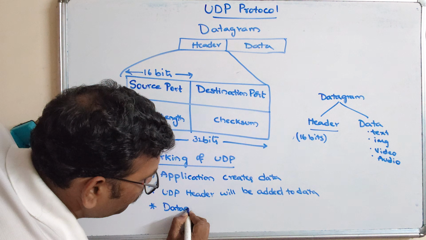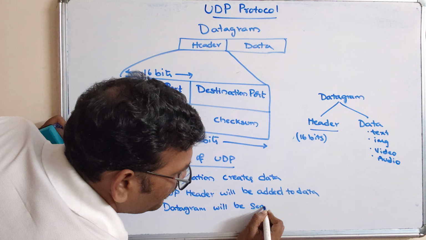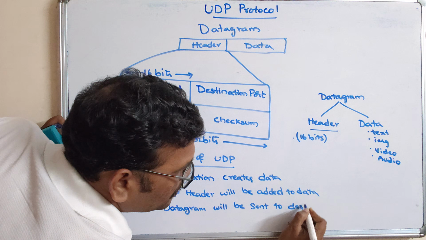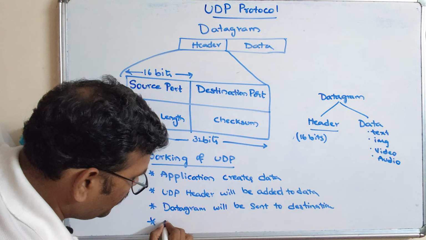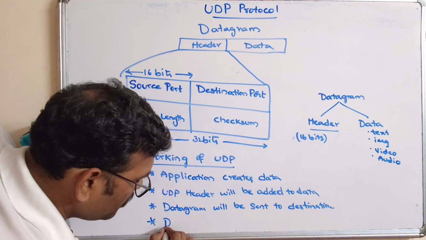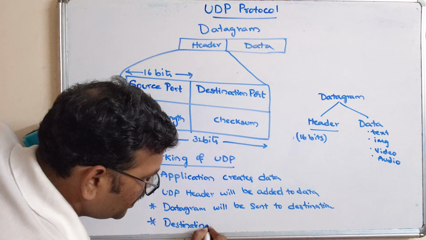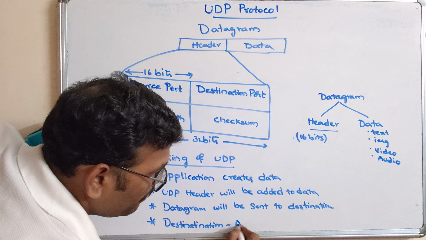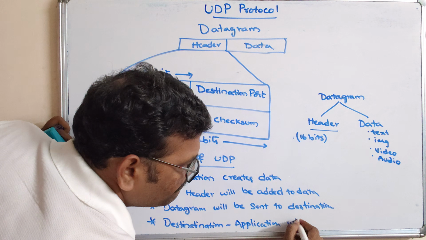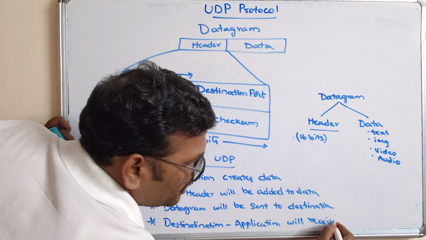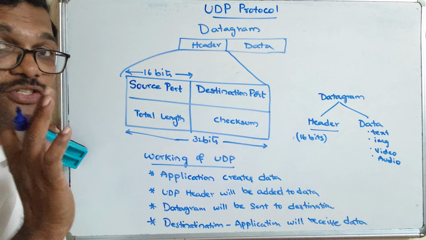So the datagram will be sent to the destination, and at the destination the application will receive data, if it is successfully transmitted. So we are saying there is no guarantee.